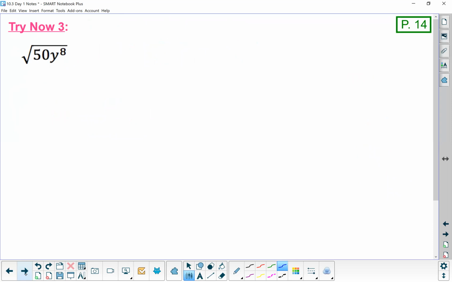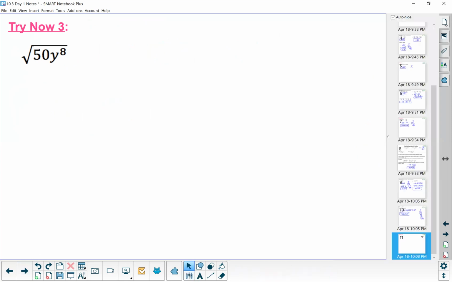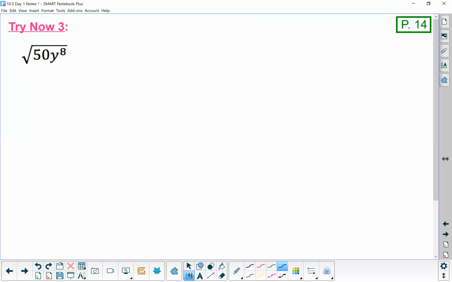So here's a try now. Simplify the square root of 50 y to the 8th. Rewrite this. Square root of 50, y to the 8th. 8 is even, so we leave that underneath the square root. Perfect square method.